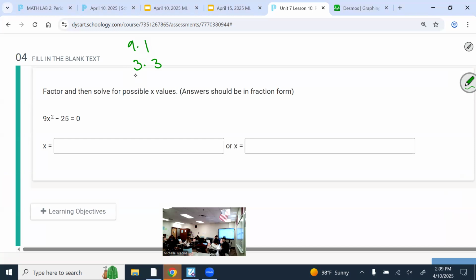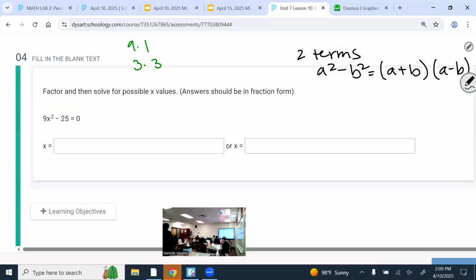So the only way we know how to factor a 2-term expression is by what? The difference of squares rule. So this is the rule. It has to be a difference of squares, so it has to be a subtraction sign in between. Does it have a subtraction sign in between?